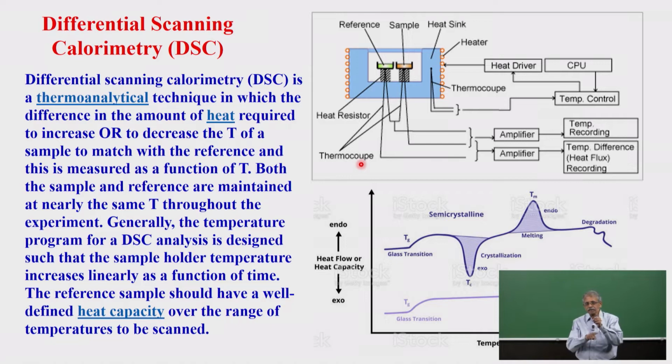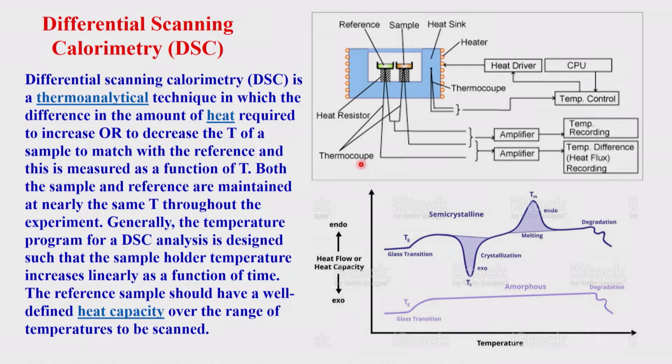So, your temperature axis will have only one value, which keeps changing from one to the next. There is no one kind of heating for the reference and another kind of heating for the sample. No, it is the same heating system, and there are many other components attached to this: the temperature controls, the amplifiers and recording. The entire thing is connected to the computer to get the data.